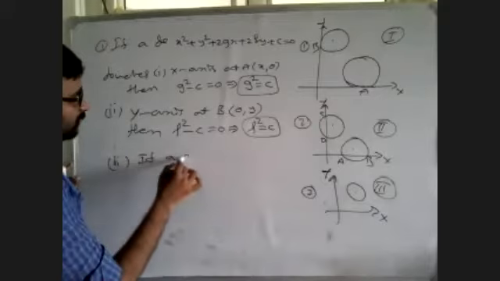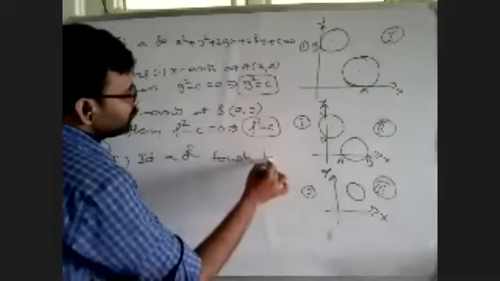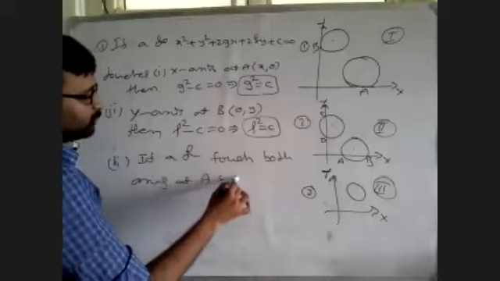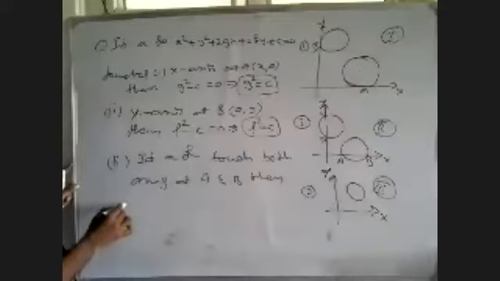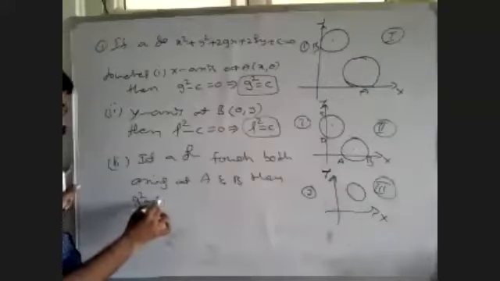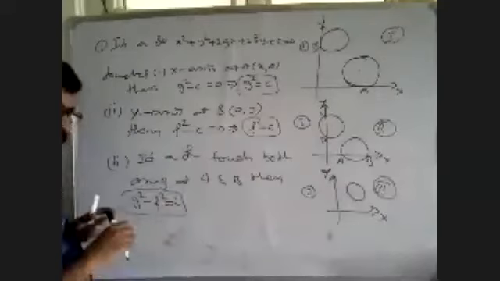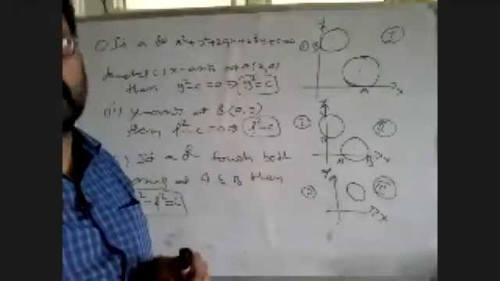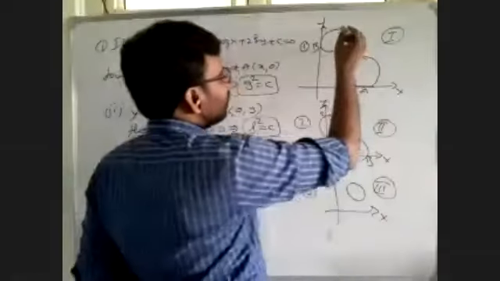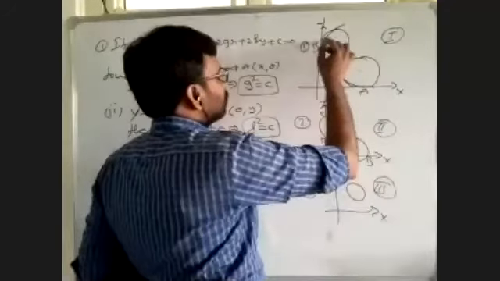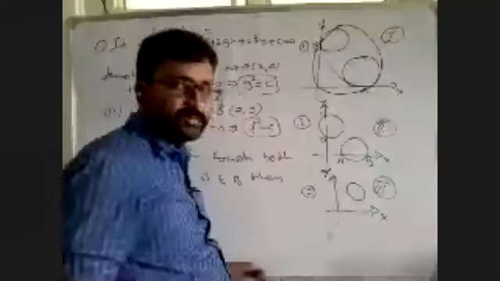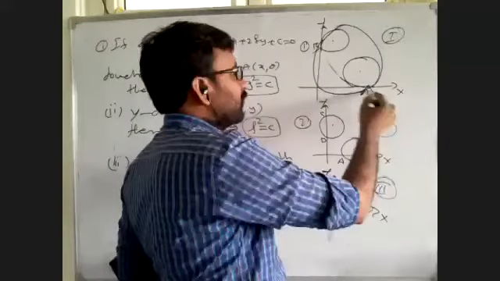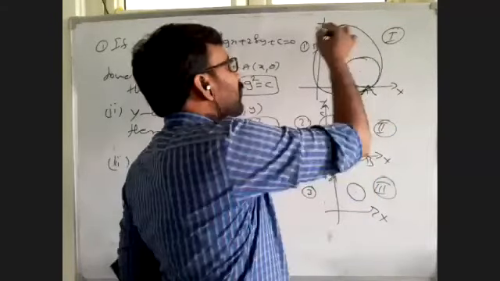If a circle touches both axes at A and B, then the condition is g square is equal to f square is equal to c. See, if a circle touches x-axis and y-axis at A and B, then you will get a diagram like this. It touches x-axis at A, on y-axis at B.